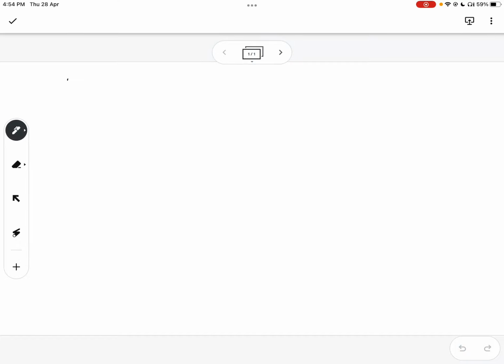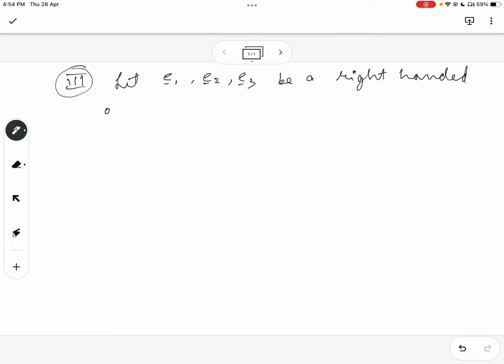Let's look at the third property. So let E1, E2, E3 be a right-handed orthonormal basis.